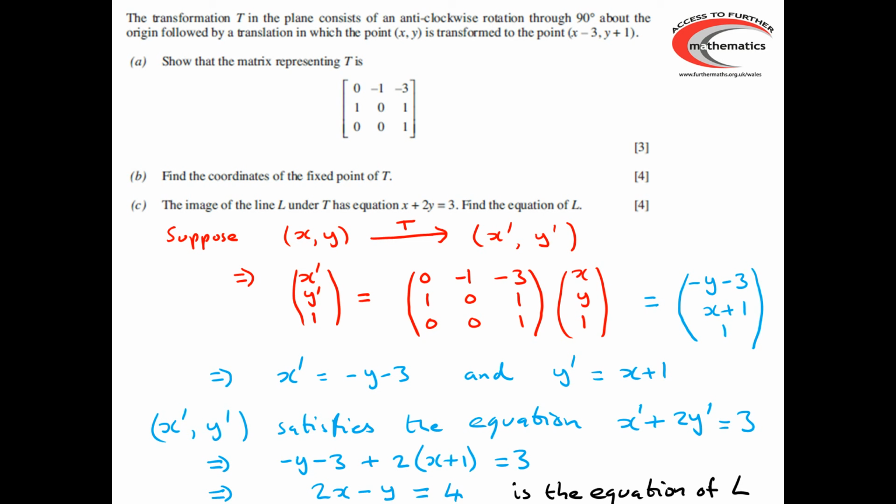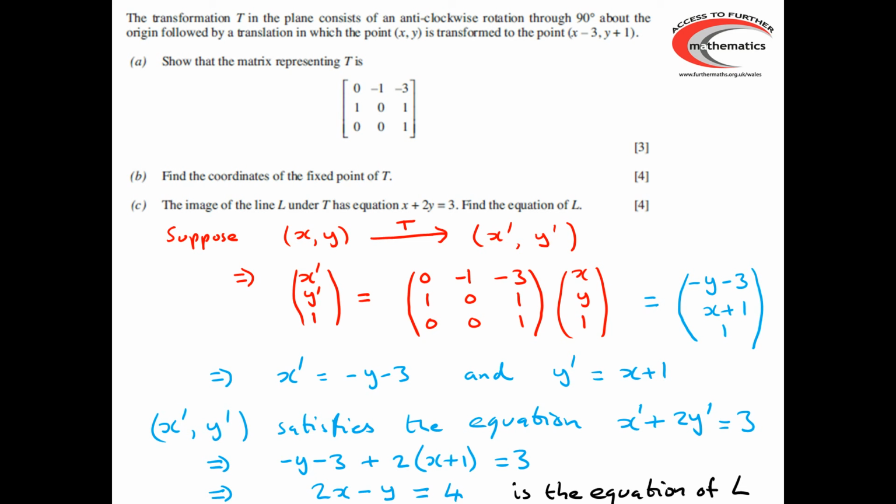Considering the mark scheme for this question, for the first part of the question, there was 1 mark for obtaining the rotation matrix, 1 mark for handling the translation, and then a final mark for justifying the final 3x3 matrix.